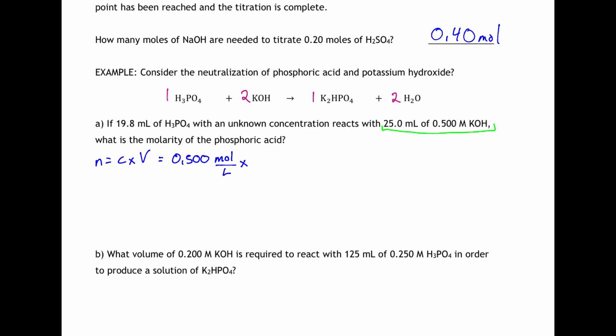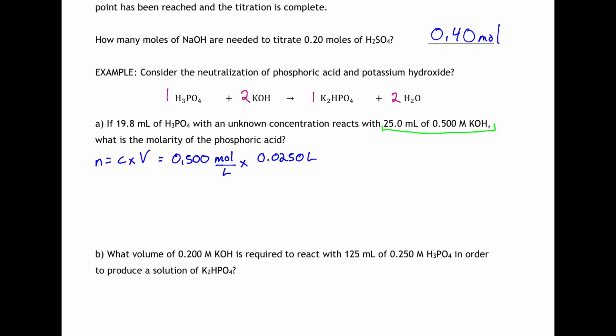We're going to multiply it by, now we're not going to multiply it by 25, are we? Why? Because we need it to be in liters. We got to do the division, so we got to do this 0.025 liters. So we got to turn it into liters.